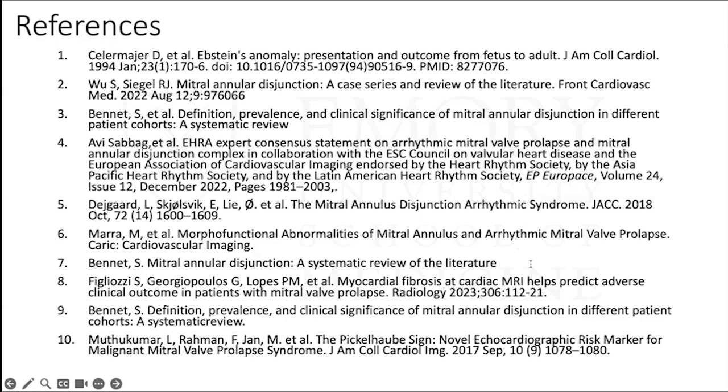I didn't see any that specifically had an ICD for MAD. I did bring up one study that looked retrospectively at patients that had an ICD and mitral annular disjunction. They weren't placed for mitral annular disjunction, but it was a retrospective study asking, if we pull out all these patients with MAD, what do we find?